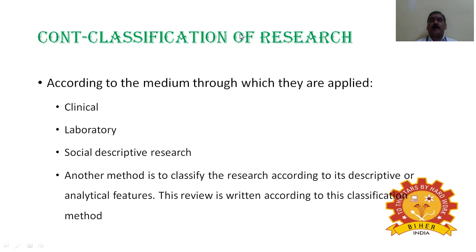Next, according to the medium through which they are applied, there are three methods. One is clinical, number two, laboratory, number three, social descriptive research. Another method is to classify the research according to its descriptive or analytical features.